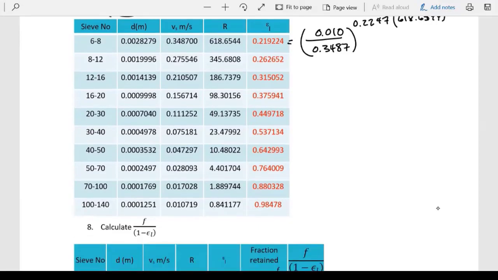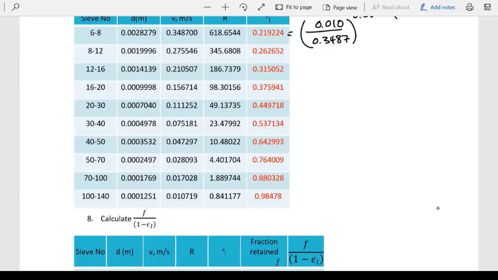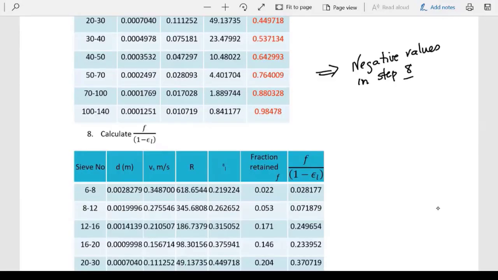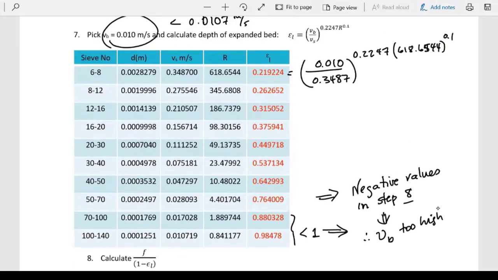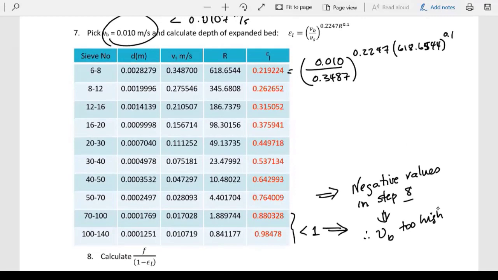Okay. We do the same thing. If you get a negative value in step 8, that means your backwash velocity is too high. Okay, so in this case, if any of these values are greater than 1, your backwash velocity is too high, and you need to reduce the backwash velocity.